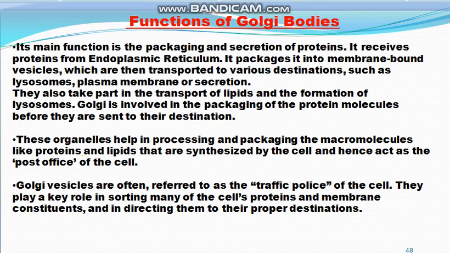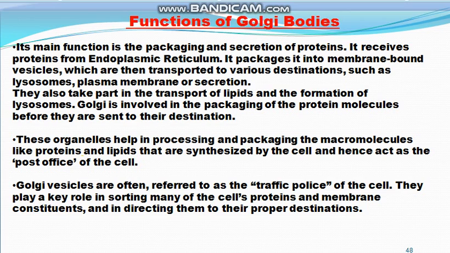It receives proteins from the endoplasmic reticulum in the form of vesicles, and then it packages them into membrane bound vesicles, and then they are transported to various destinations such as lysosomes, the plasma membrane, or for secretion. So you should know that the first function of the Golgi body is the packaging and secretion of proteins.